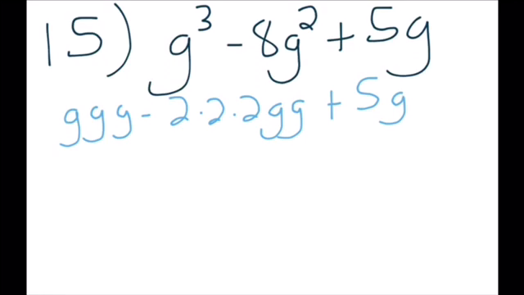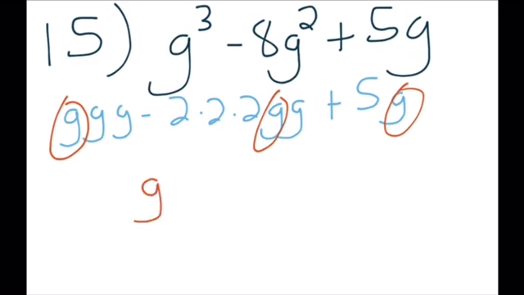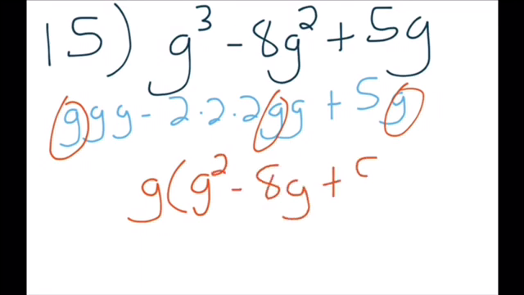I can see that I have a g in common for each one. So my GCF is g, so that's going to go on the outside. Then I have g squared minus 8g plus 5.